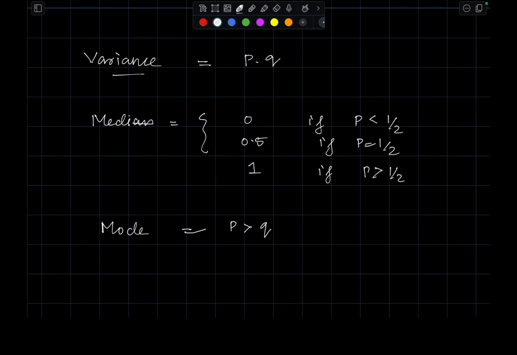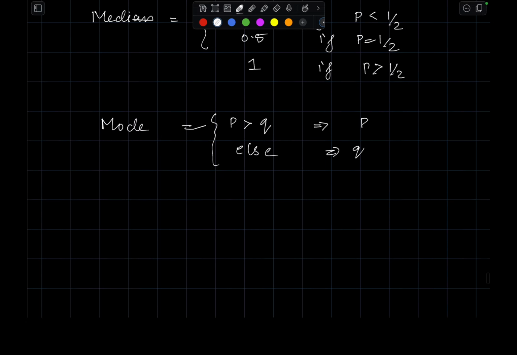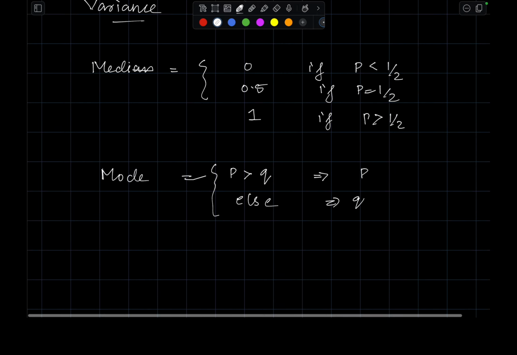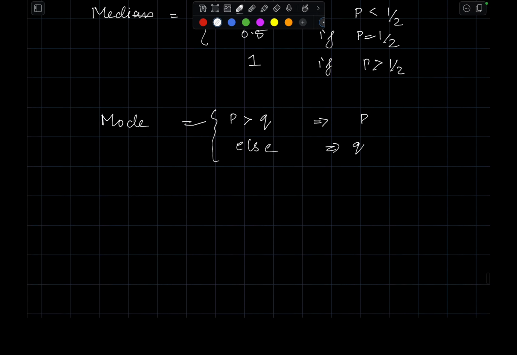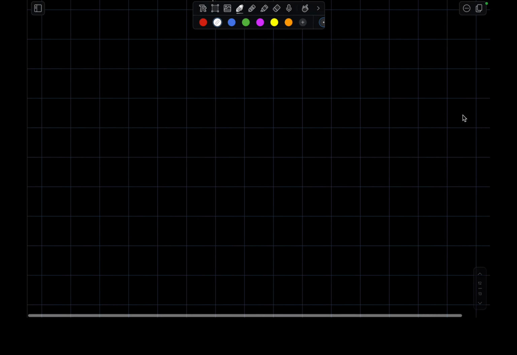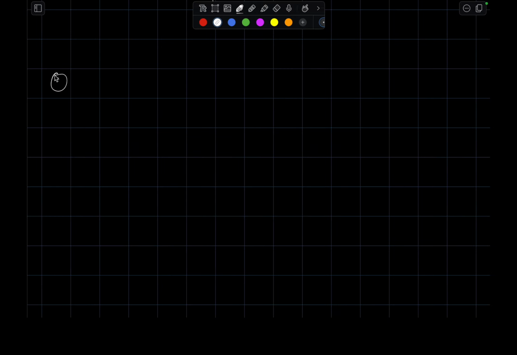In case of p greater than q, mode will be p, and else the mode will be q. I hope the mean, median, mode, we don't have to go to the calculation, otherwise it will take much time. So we'll just stick with the formulas right now, and then we'll go to the next distribution, which is the binomial distribution.